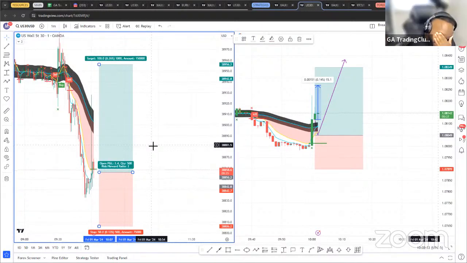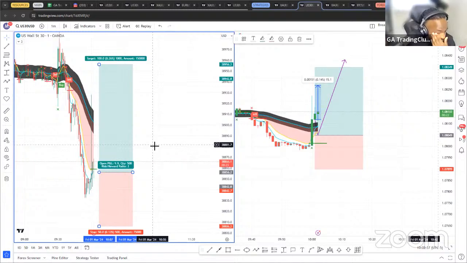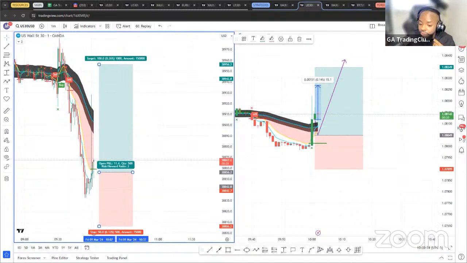I wish we got those trades before the news. That would have been a nice one. They would ideally be at break even. But looks like even other than EU, if we had gotten the US 30 trade even before news, it would have still gotten taken out at break even.